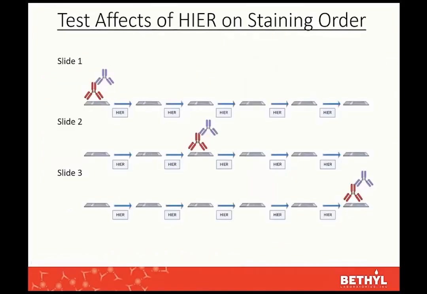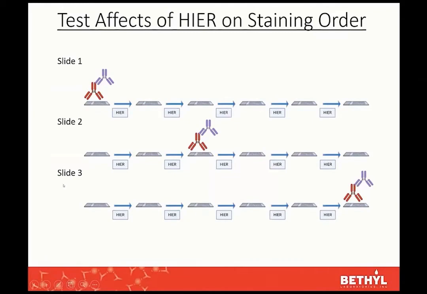And the way we did this is to test on 3 slides. So for a 6-plex assay, usually to test your antibody order of staining, you would use 6 slides in which you tested your antibody in each position, so first through 6th.